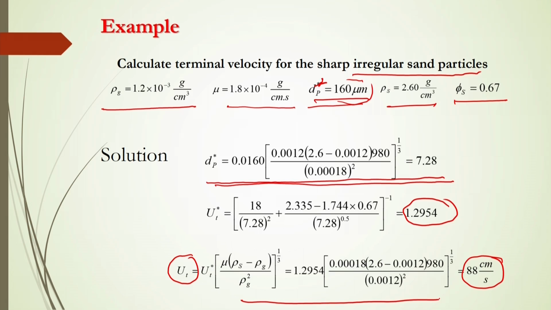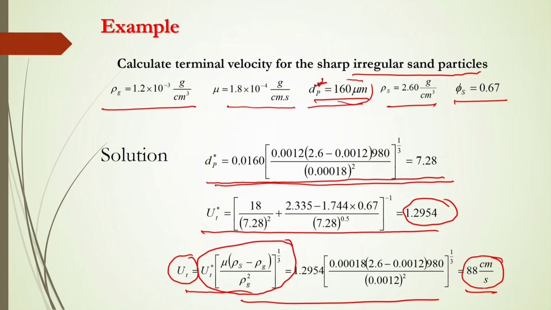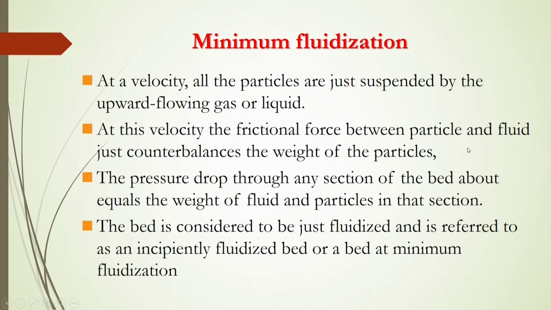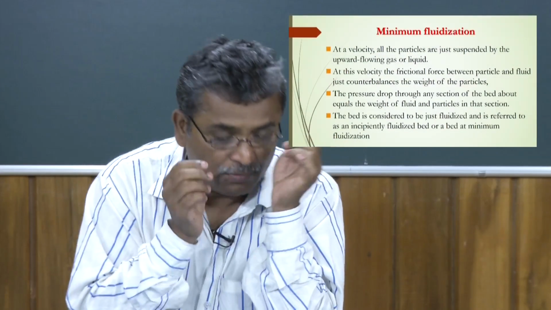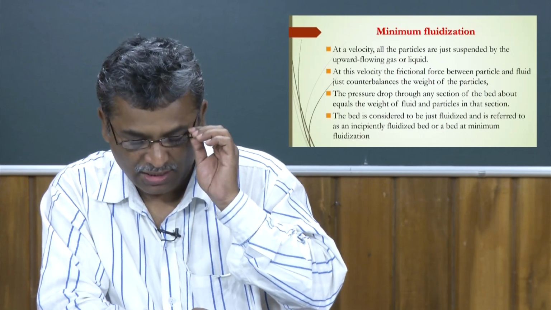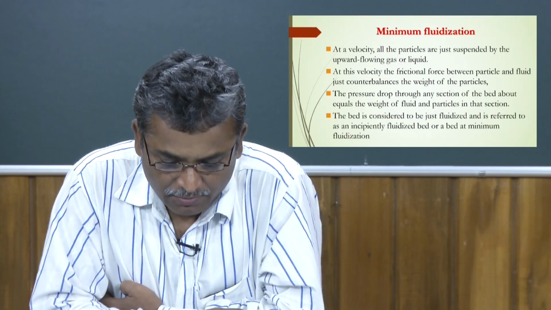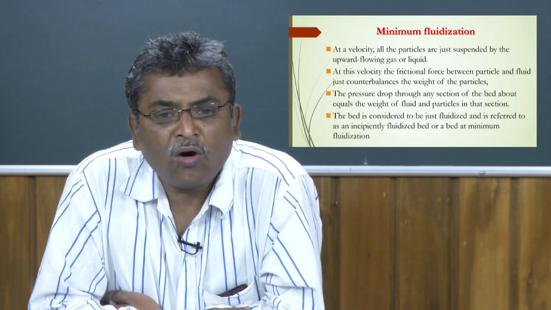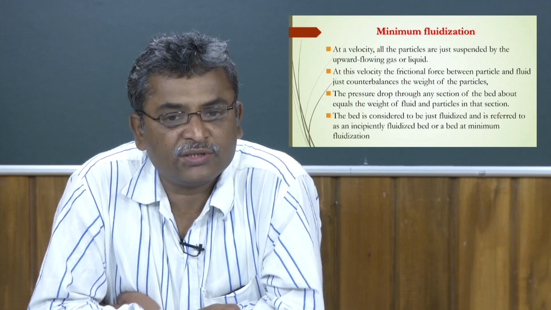So, you can use the equation that has already been shown earlier, how to calculate ut star, and from ut star you can calculate ut as here, 88 centimeter per second. Okay, we know now what the terminal velocity of the particle will be. Before going to the minimum fluidization condition, this terminal velocity is required, because minimum fluidization will occur beyond this terminal velocity of the particle.